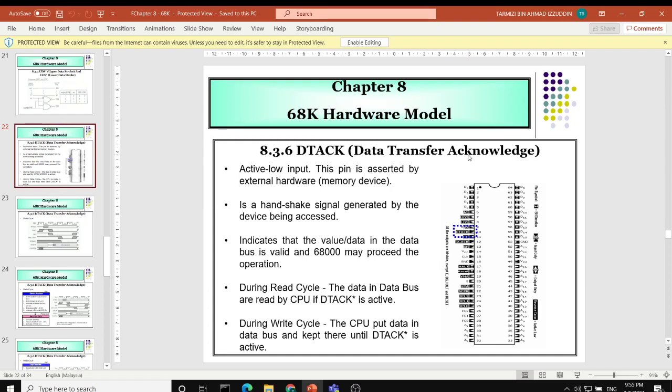So basically, this pin is a unidirectional pin.